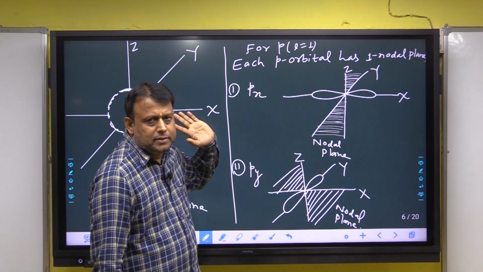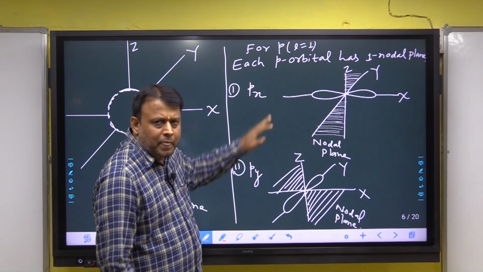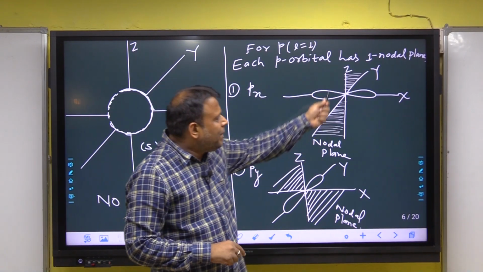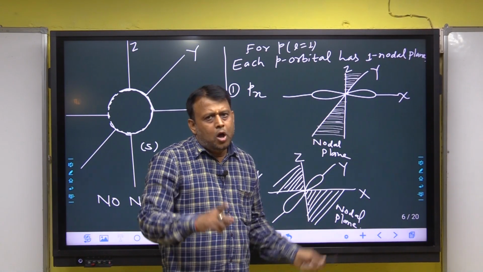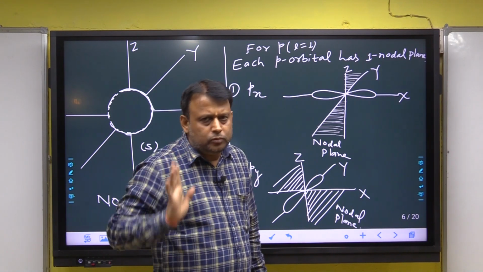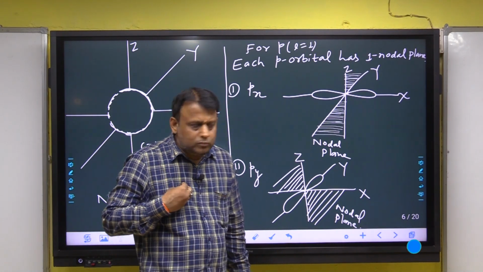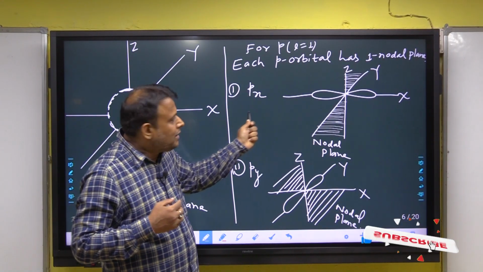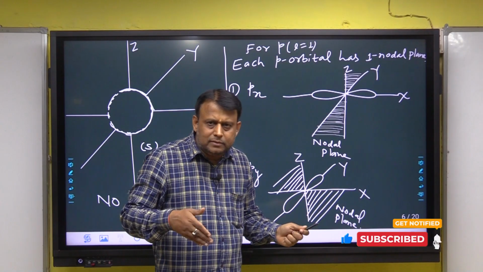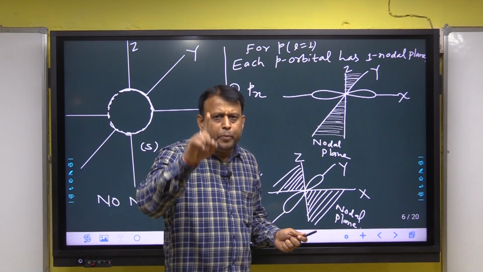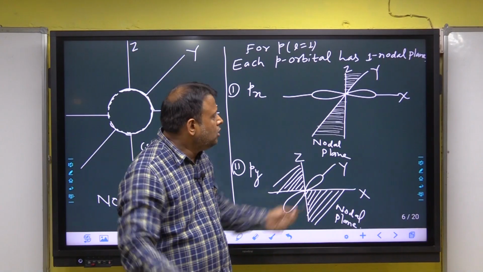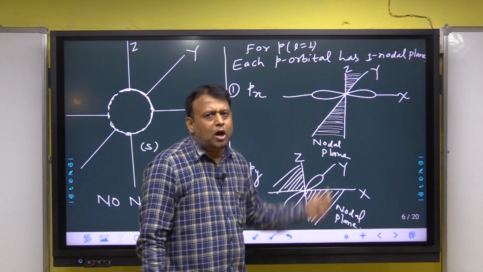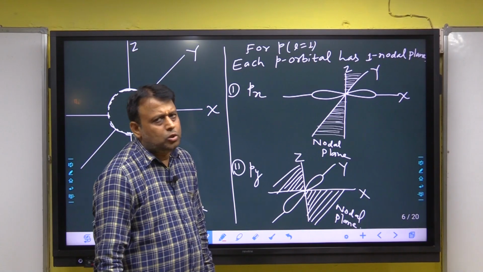In case of px, the dumbbell lies on the x-axis, and then between the y and z axes, the probability of finding an electron is 0. I am repeating. When the dumbbell lies on the x-axis, then the probability of finding an electron between y and z is equal to 0, and hence for the px orbital, the yz plane is called the nodal plane.